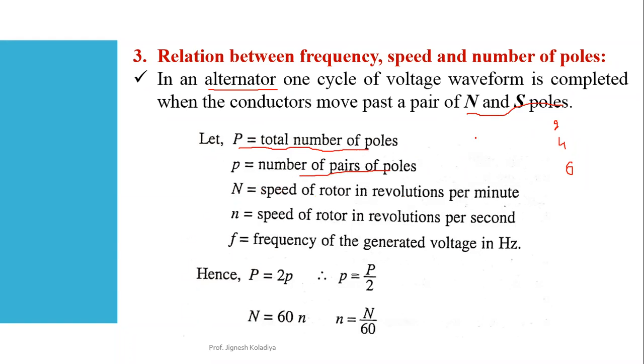That means if the total number of poles is 2, then the number of pole pairs is 1. 2 poles are there, N and S, so combinedly it is 1 pole pair. Capital N is the speed of rotor in revolutions per minute, that is RPM, and small n is the speed of rotor in revolutions per second, that is rps. Rotor and stator are parts of a rotating machine.